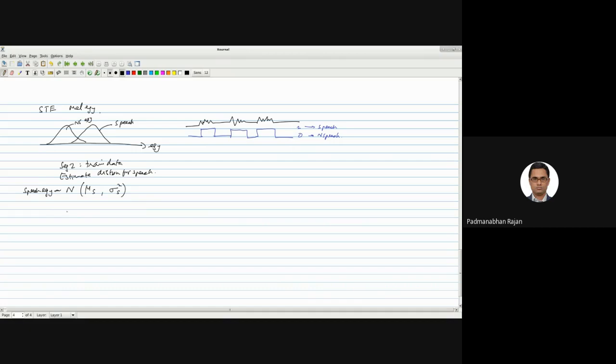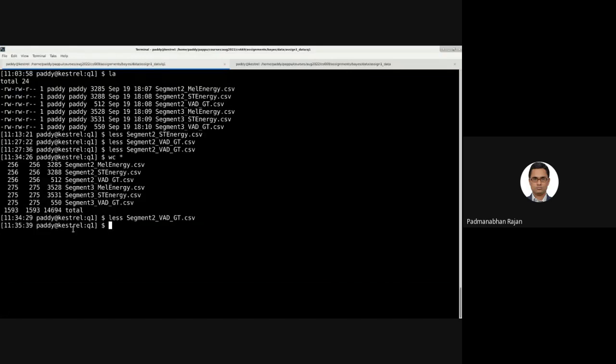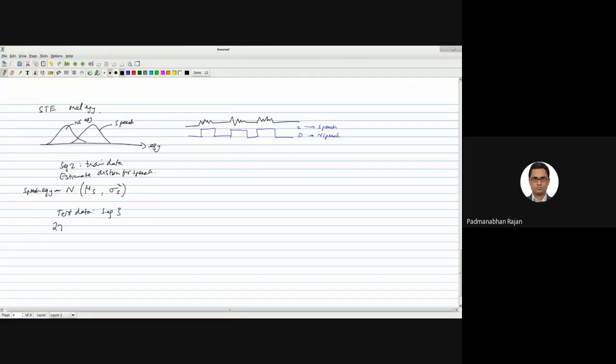Now, on the test data, which is segment 3, which has I think 275 frames, that is 275 energy values, you must classify each as speech or non-speech.